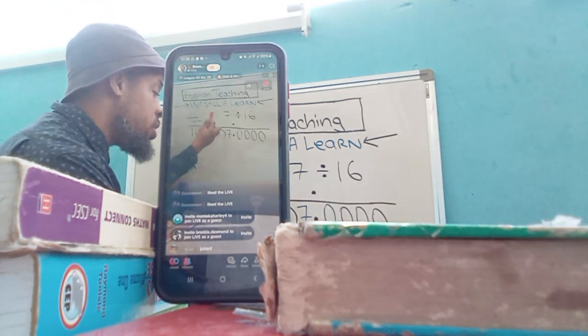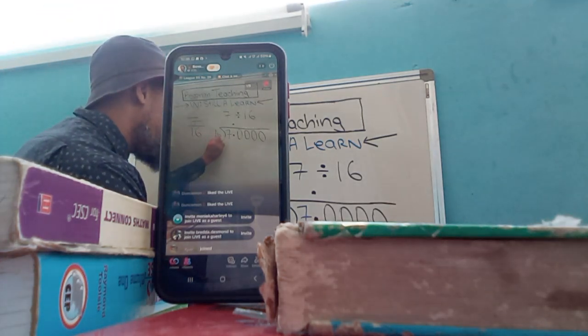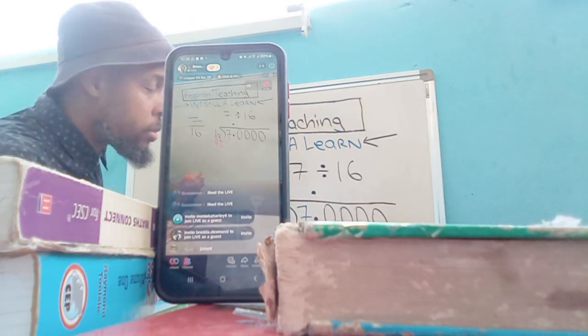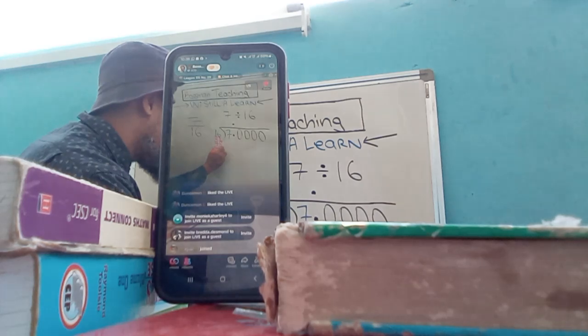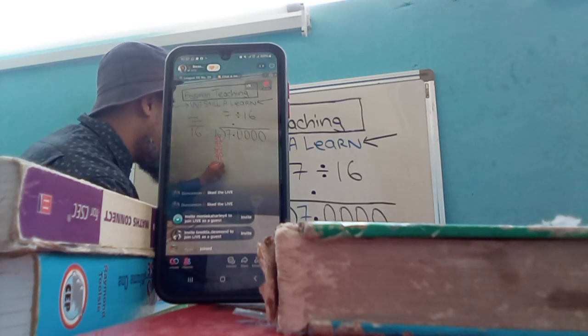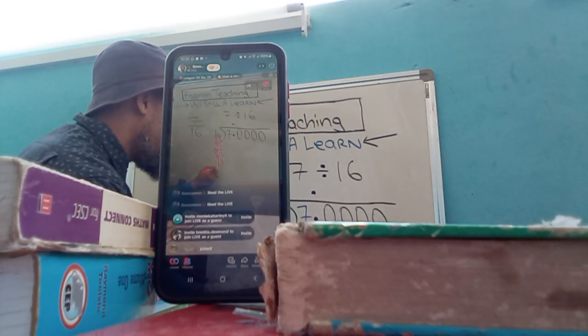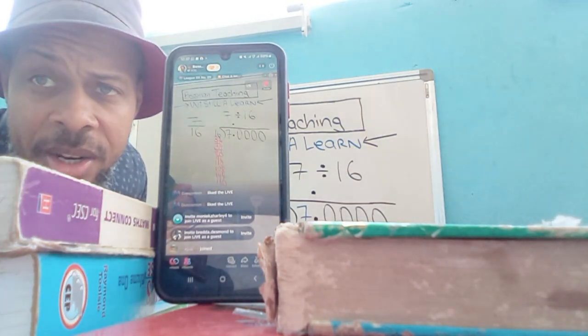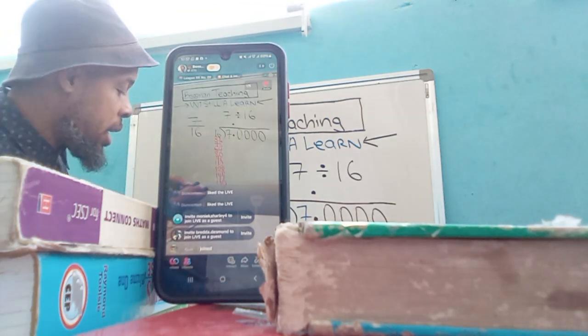So 16 plus 16, 32, 48, 64, 80, 96, 112, 128, 144, and 160. Let's see if we can see all of that. Yeah. We can see all of that.